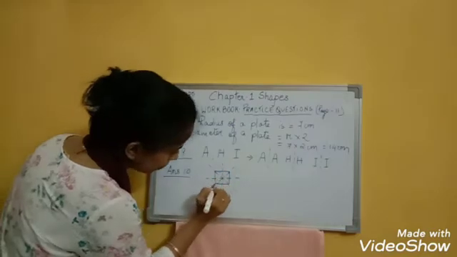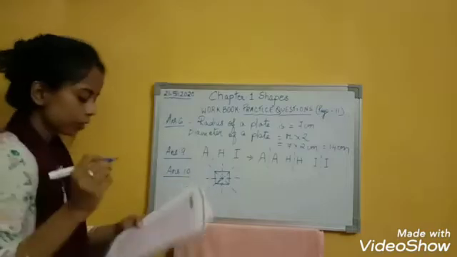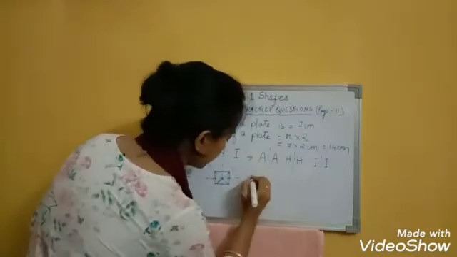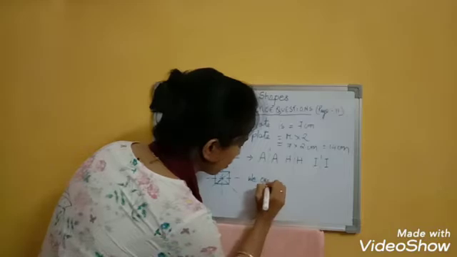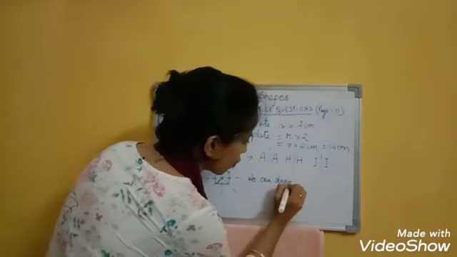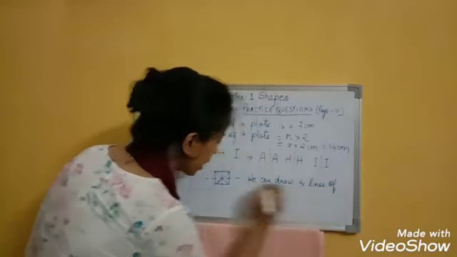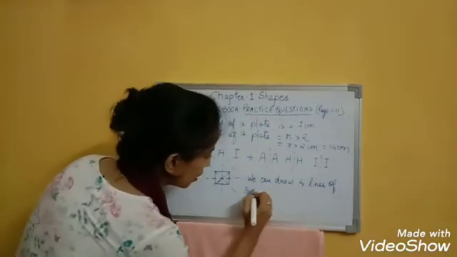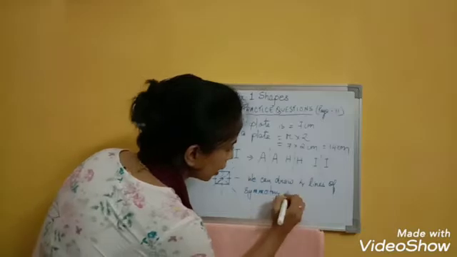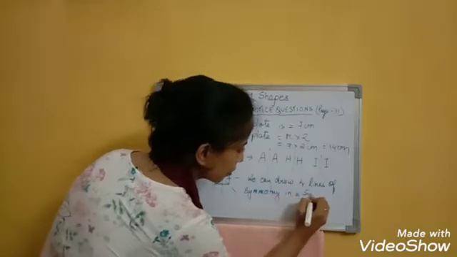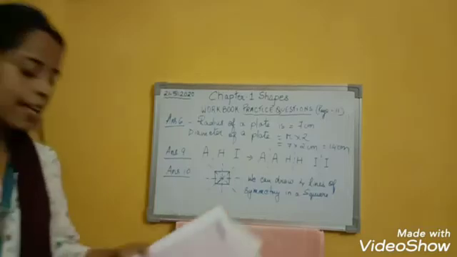So how many lines of symmetry can you draw? Right there, we can draw 4 lines of symmetry in a square. Okay, so this is the answer of 10.